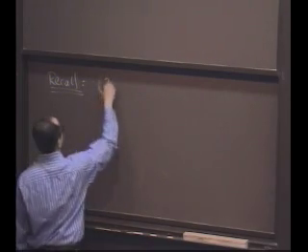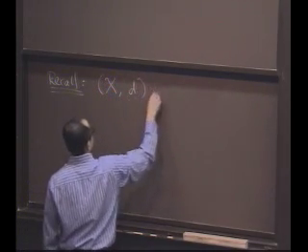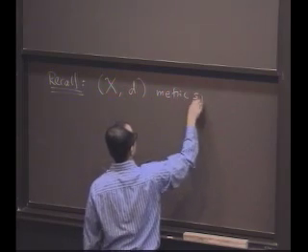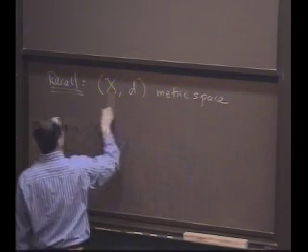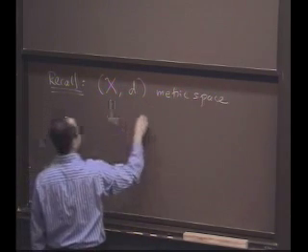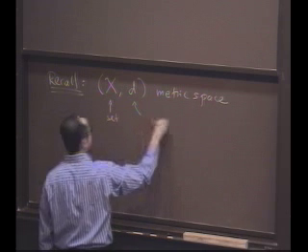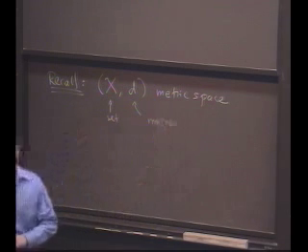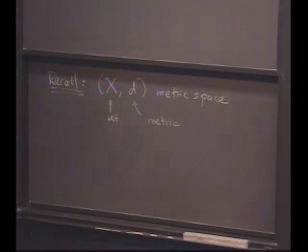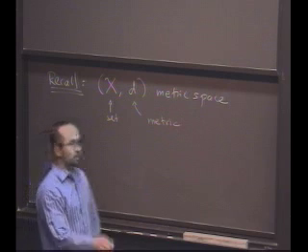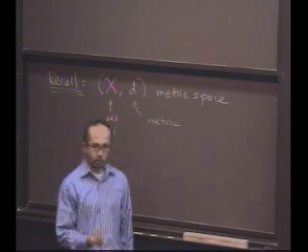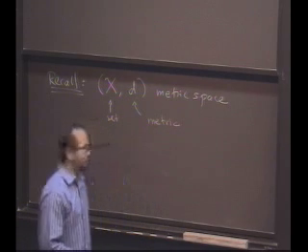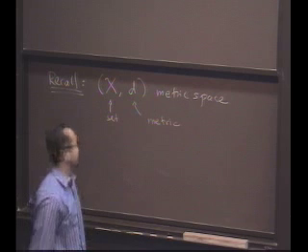So we have the idea of a metric space. A metric space is just a set together with a metric, which is a notion of distance. And the metric satisfies three properties. Who remembers what those three properties are? Non-negativity, and it's going to be 0 if and only if the two points are the same. So the distance between two points will only be 0 if the two points are the same.